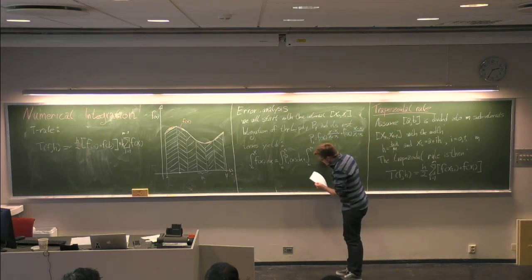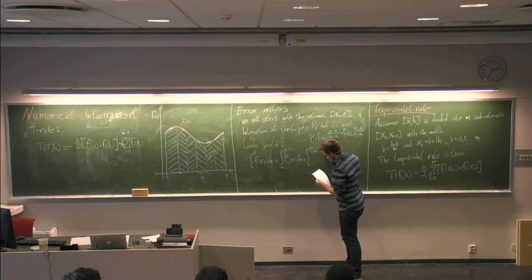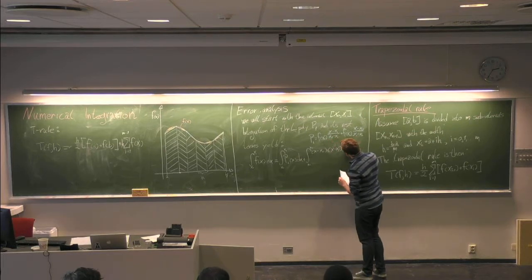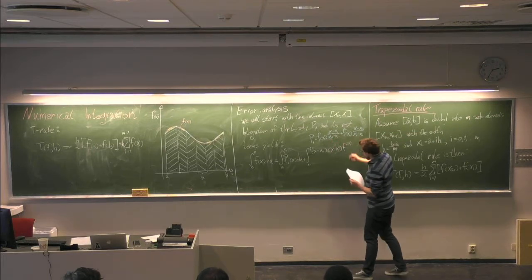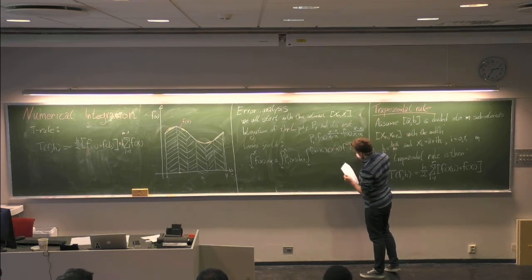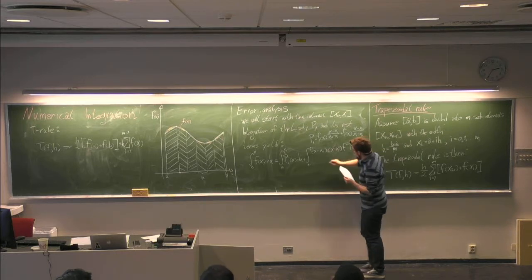So we'll have a rest term, which will look something like this: the integral from x0 to x1 of (x minus x0)(x minus x1) f twice differentiated at some kind of chi here, dx.